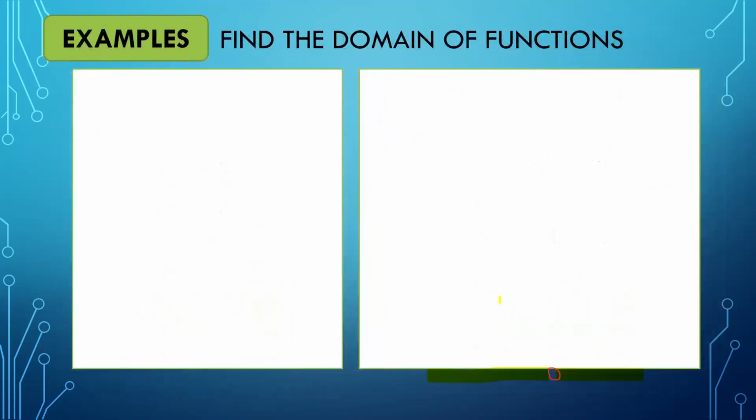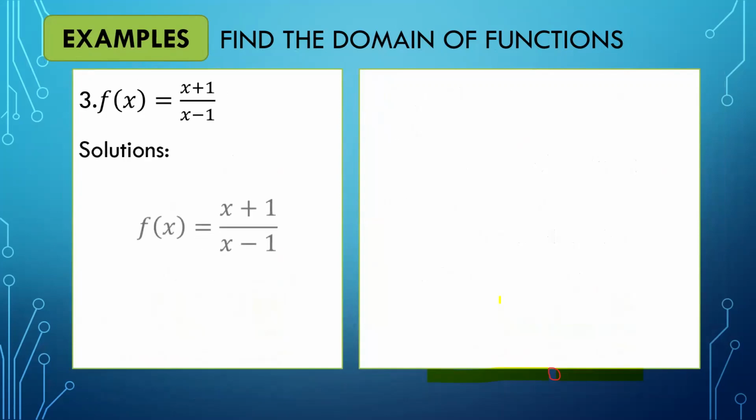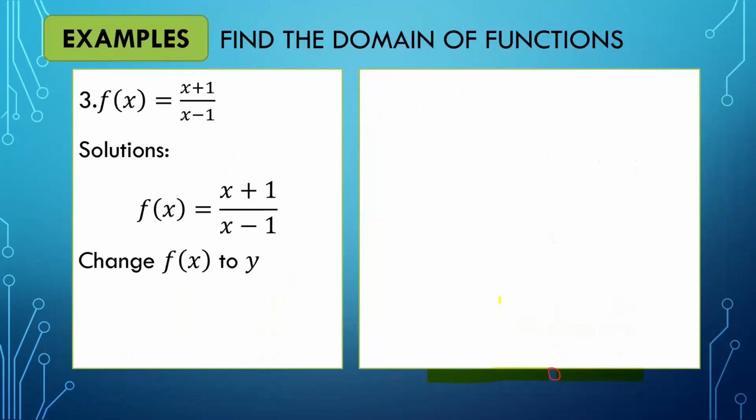So next, we have f of x is equal to x plus 1 all over x minus 1. Solutions. So again, copy the given f of x is equal to x plus 1 all over x minus 1. Change f of x to y. So again, the original function f of x, we will change that to y.